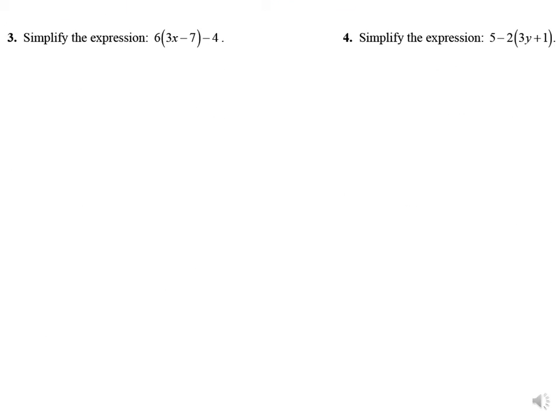All right, let's throw in some distributive property and also some simplifying here. Don't forget that 6 has to multiply the 2x, has to multiply the minus 7, but don't multiply it to the negative 4 because that's not part of the parentheses. So here it is, multiplying through. I get myself an 18x minus 42.